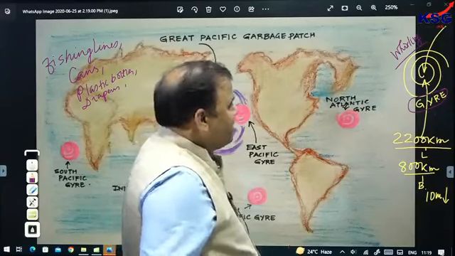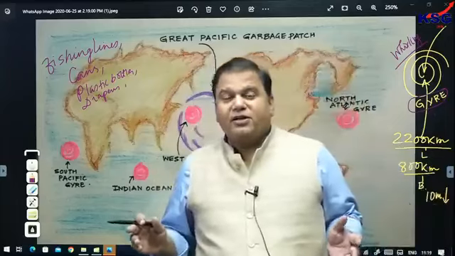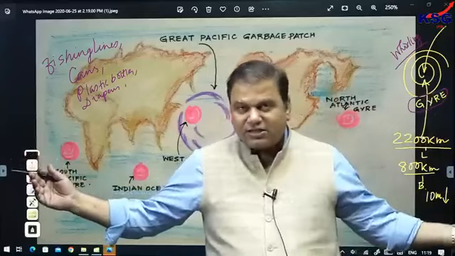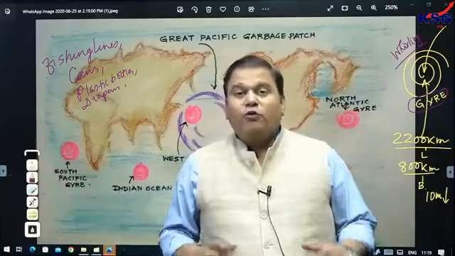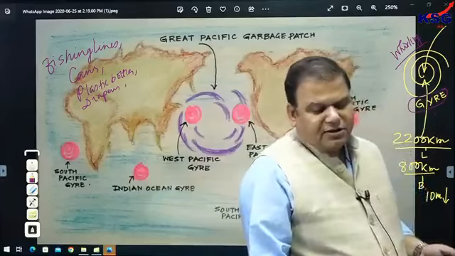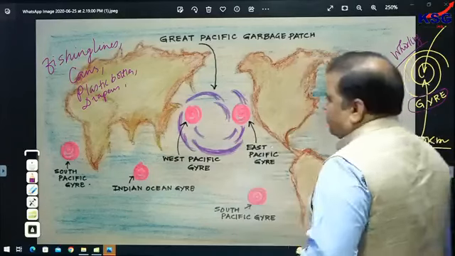And we can see, out of the biggest gyres of the world, two big gyres are present where? In the Pacific Ocean. One is called as East Pacific gyre and second is called as West Pacific gyre. Write down. Out of the big gyres of the world, two are present in the Pacific Ocean.